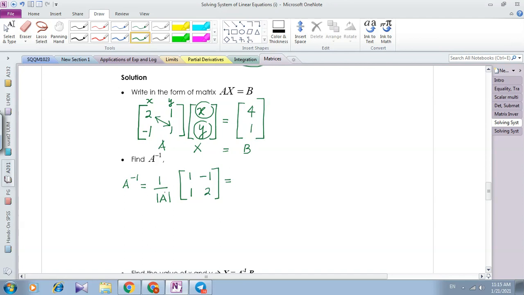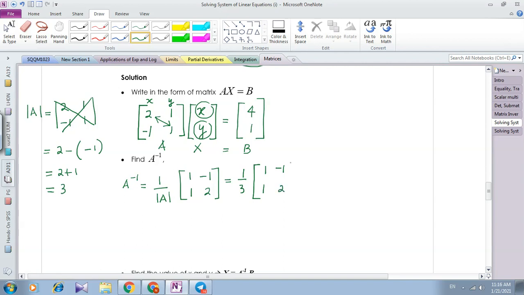What is the determinant of A? Let me write here. The determinant of A is the determinant of 2 1 -1 1. You do not change anything here. To find the determinant, 2 minus -1, so this is 2 plus 1, which is 3. So it's 1 over 3 times 1, -1, 1, and 2.